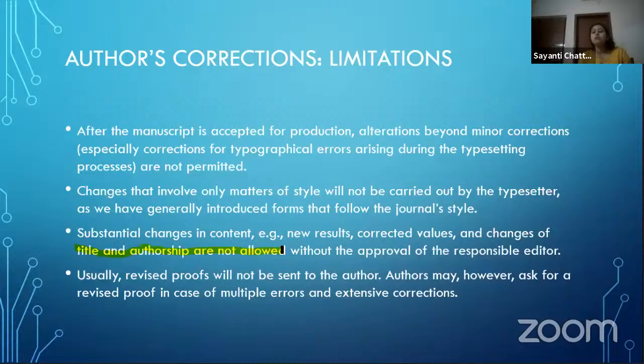So don't do this. It may lead to the rejection of your paper. Another thing is that sometimes we want to change the result also. That will also lead to the rejection of the paper. Only check the typographical errors arising during the typesetting, not everything. Okay.